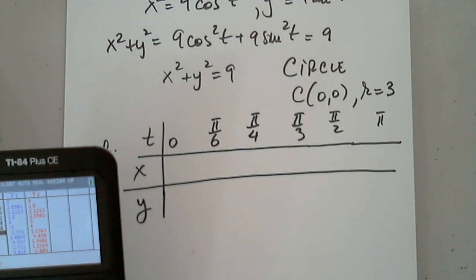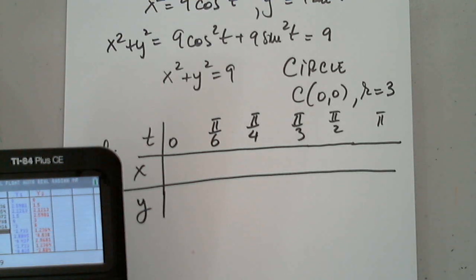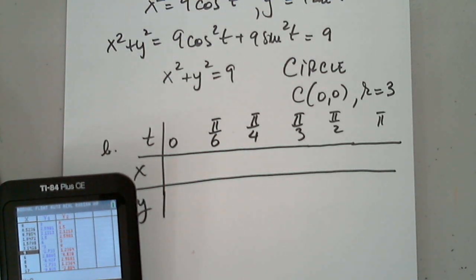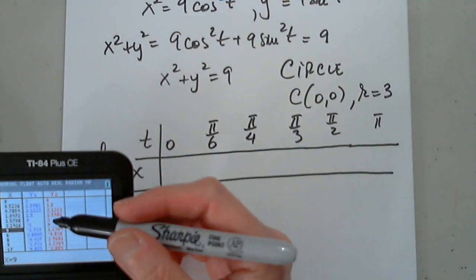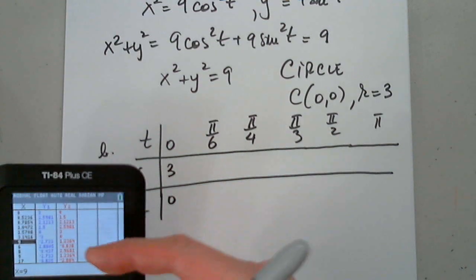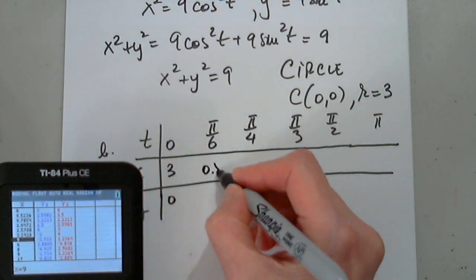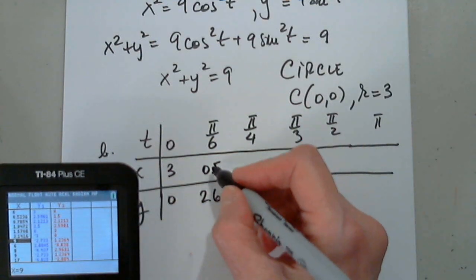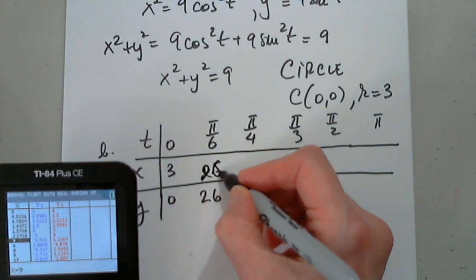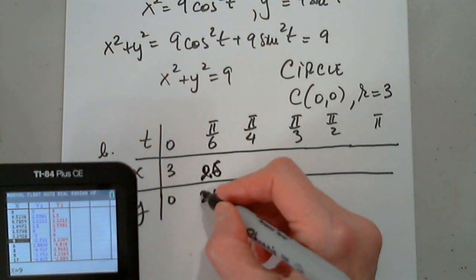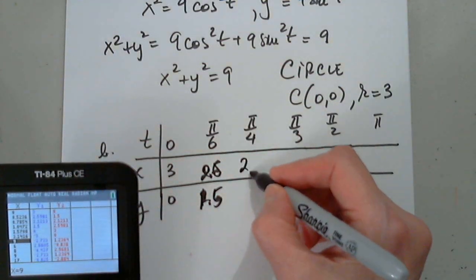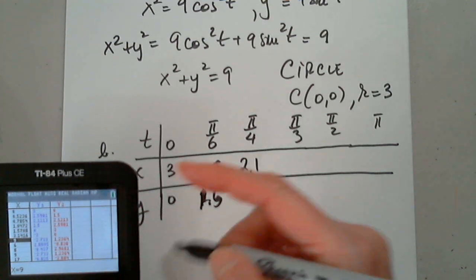We got 3 and 0. Then 2.6 and 1.5. Then 2.1 and 2.1, of course.